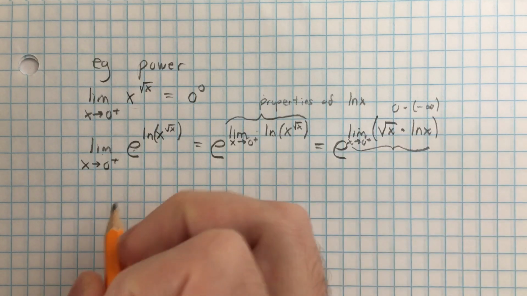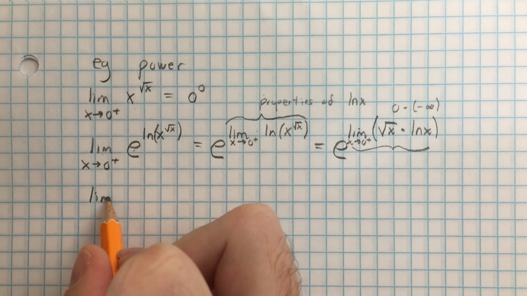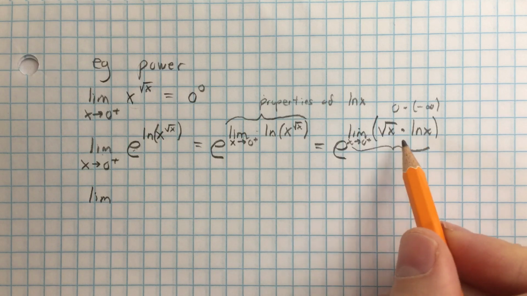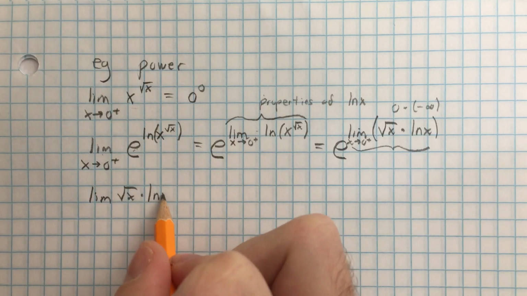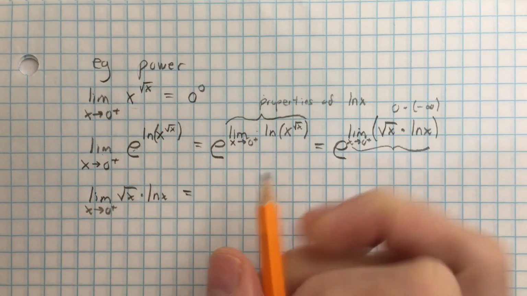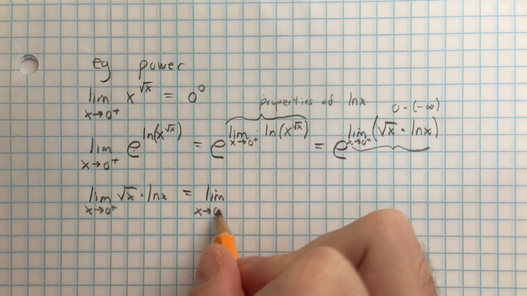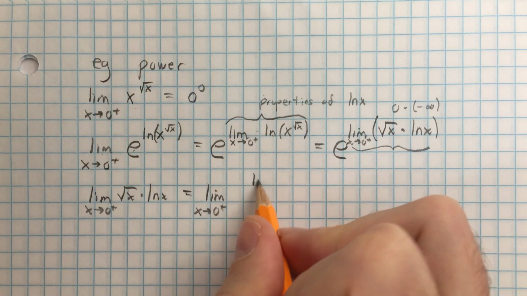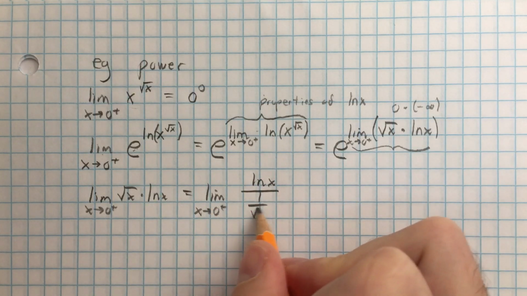But at the moment, just to ease the notation here, I want to find the limit of this indeterminate product. So I can rewrite this indeterminate product algebraically as an indeterminate quotient. So I'll have the natural log of x over 1 over root x.